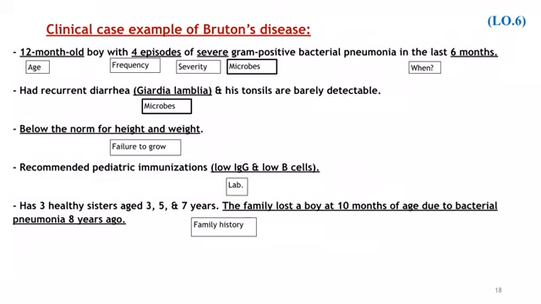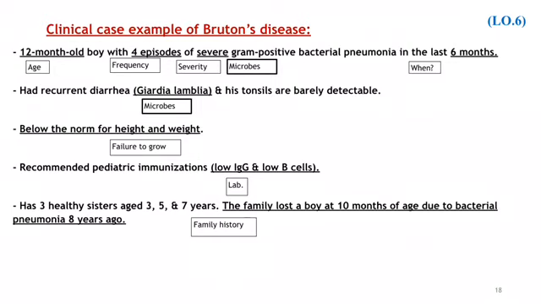Recommended pediatric immunization means that when they did lab tests they saw low IgG and low B cells, so he needs immunization in this case. He has 3 healthy sisters.